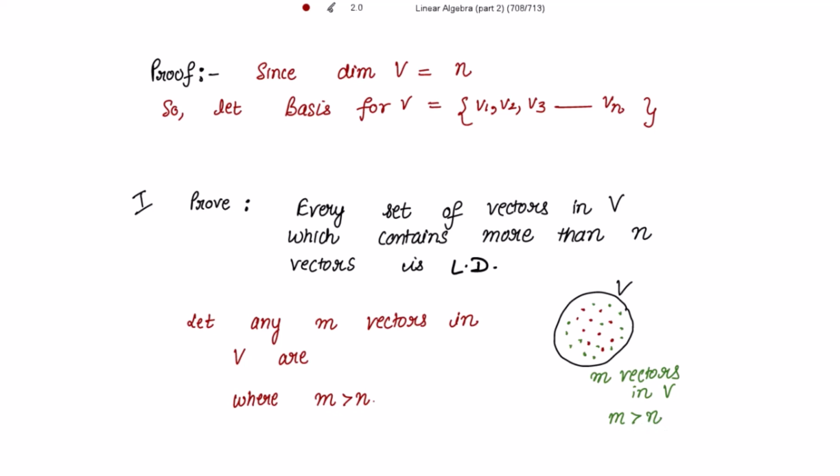So let any m vectors in V be W1, W2, W3 up to Wm, where m is greater than n, and we will show that this set of vectors is linearly dependent.